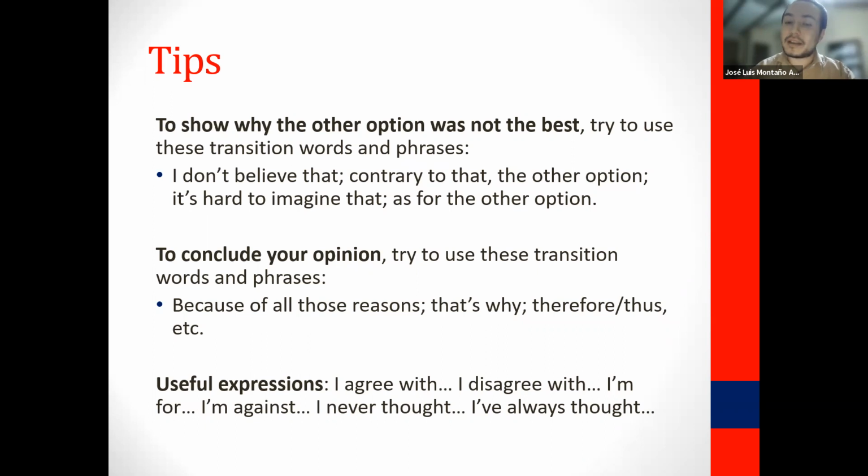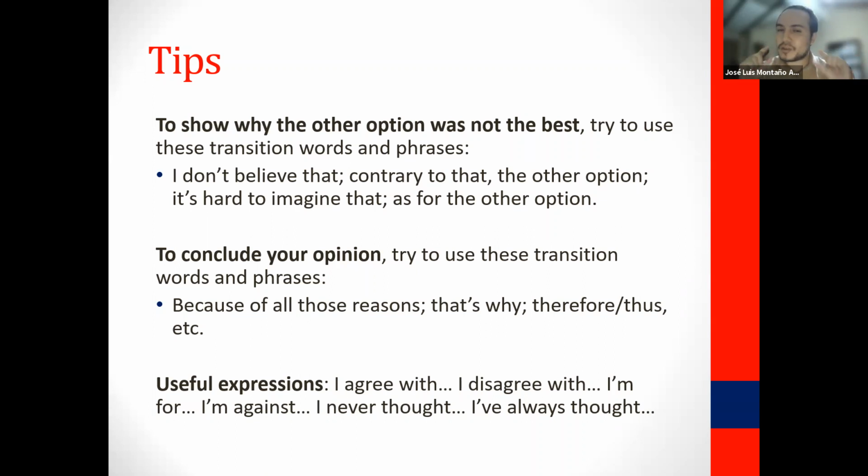Because of this and that. Or you can say, I disagree with that. Or I've always thought that it's best to wait until the best age to have access to certain devices. And then the conclusion: because of all those reasons, or that's why, or therefore, I believe that waiting is the best option for your problem, period. Okay, so try to use these expressions.